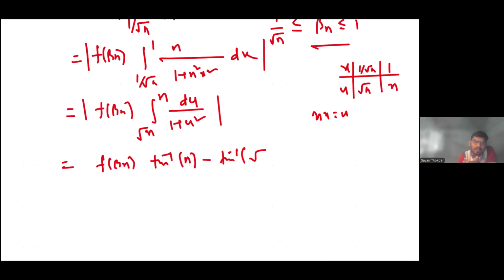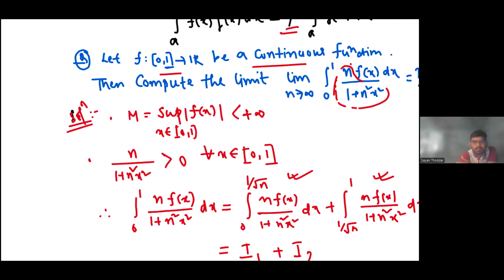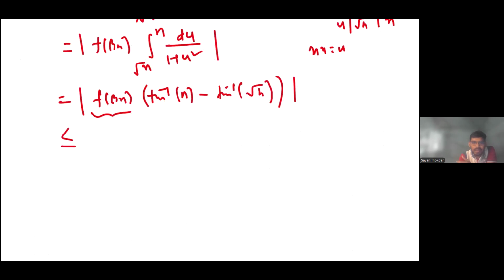And the modulus of f of beta n is less than or equal to M, because we have assumed the supremum of modulus of f of x is M. So this is less than or equal to M times tan inverse n minus tan inverse square root of n.